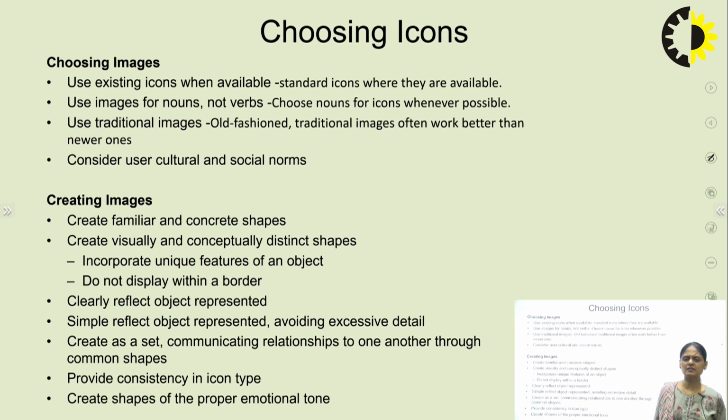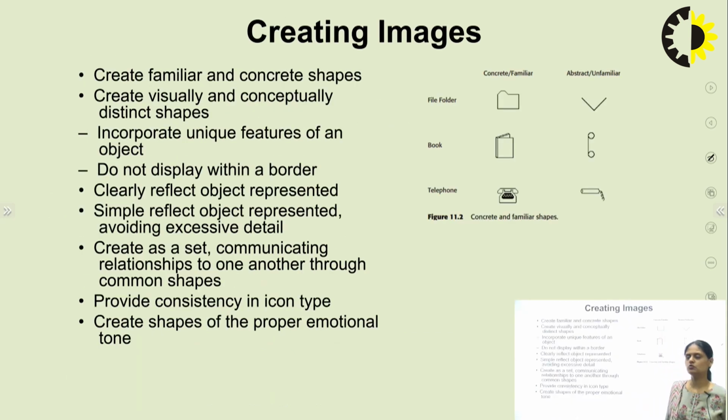These are standard conventions that we see in multiple windows and multiple screens, and it is good to use those. When creating images, visually and conceptually distinct shapes should be used. They should reflect the object as represented. Excessive detail should be avoided. So all these guidelines are there.